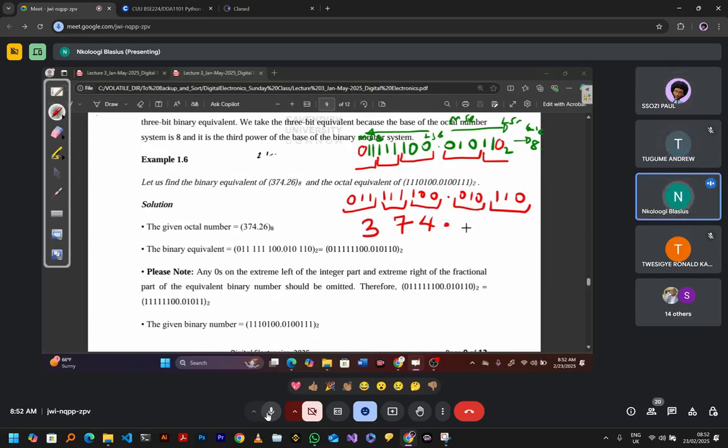What is 010? Two. What is 110? This is 6. Okay. So this should be your equivalent what? Base 8. Does it make sense?